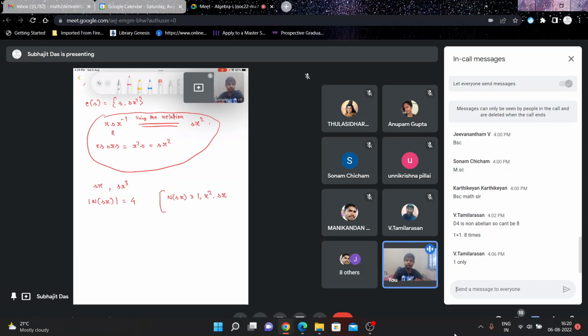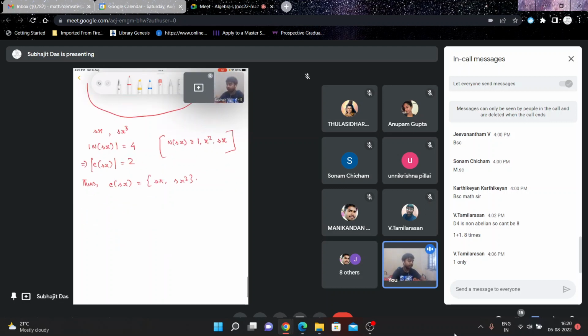So it has at least 3 elements, that means it will have exactly 4 elements, which implies that the conjugacy class of SR has order 2, 8 over 4, which is 2. Thus, since there are only 2 elements left here, the conjugacy class of SR is equal to SR and SR cube. So you have actually computed rigorously by hand what the different conjugacy classes are.